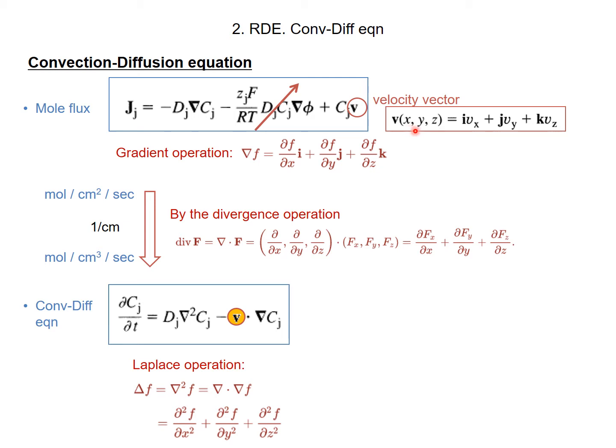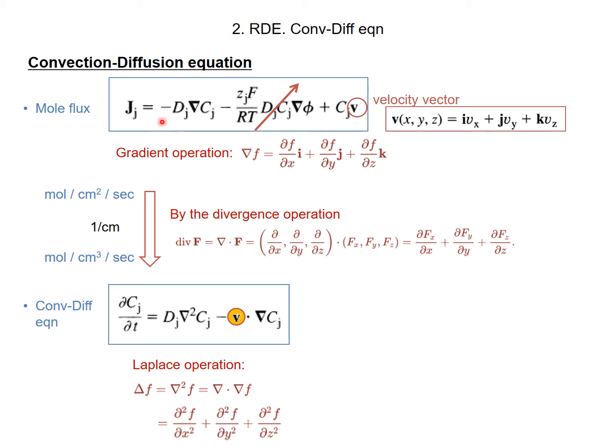For example, the velocity vector in terms of x, y, and z is divided into three terms: the x component velocity, y component velocity, and z component velocity, with the unit vectors for the x-axis, y-axis, and z-axis.